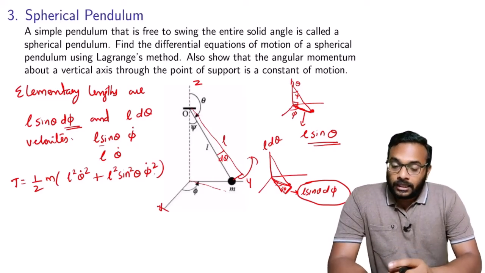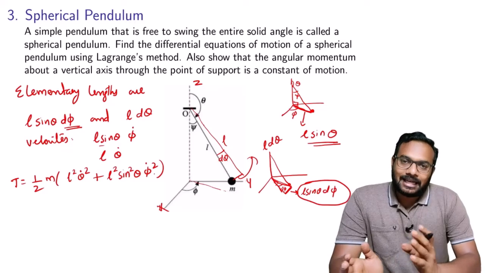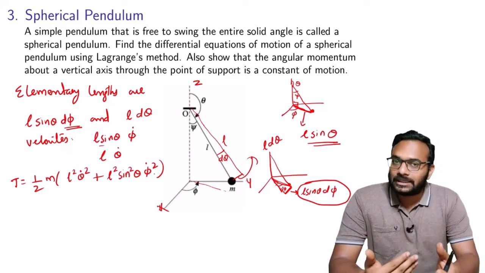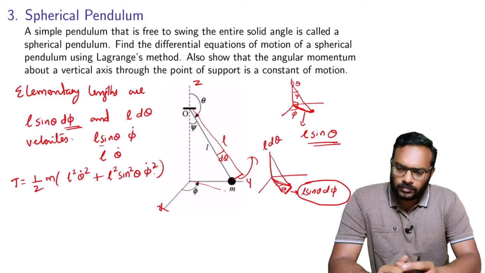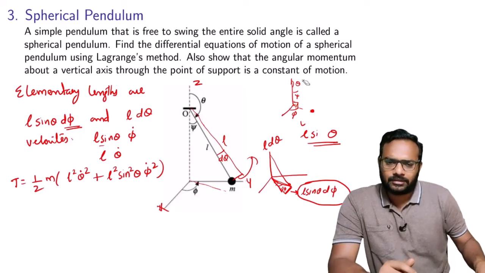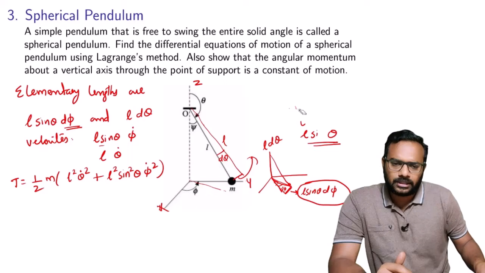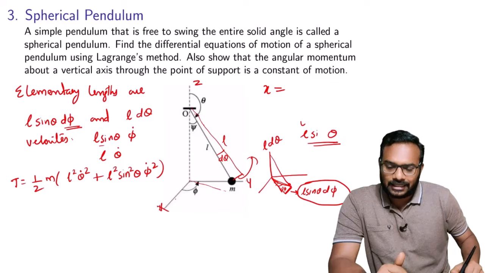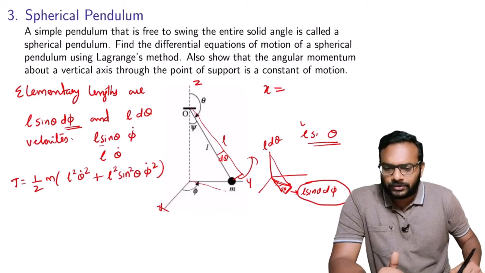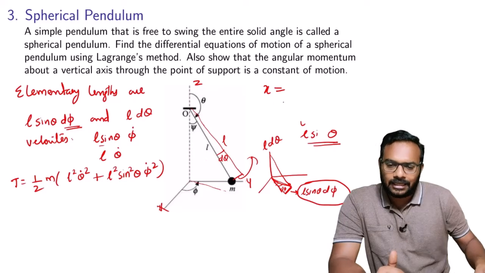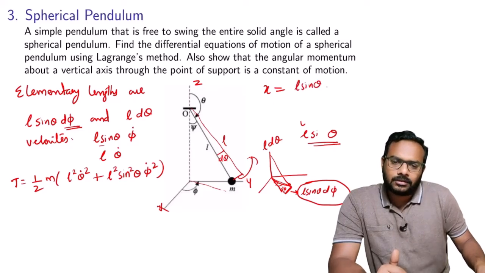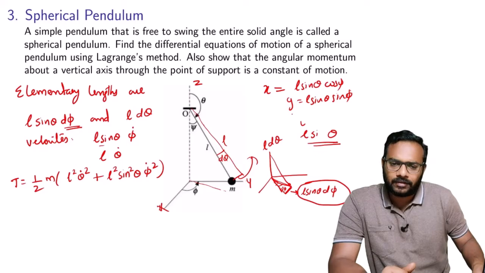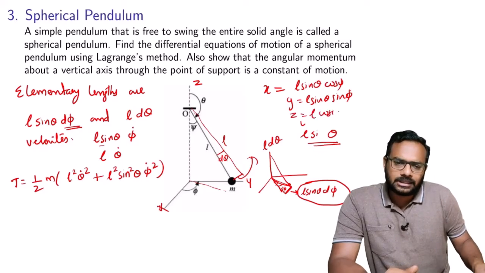Now we could also use the transformation equations between Cartesian and spherical polar coordinates and do these calculations, the brute force way. We know that x is L sine theta cos phi, y is L sine theta sine phi, and z is L cos theta.